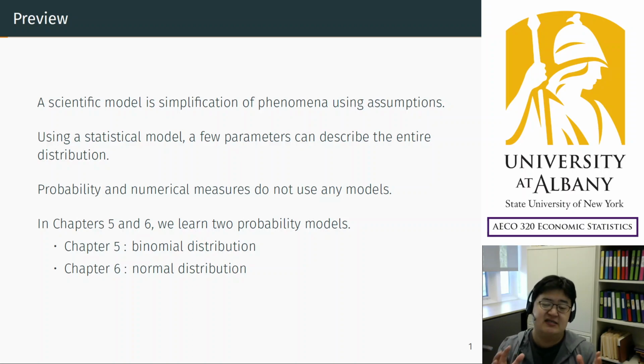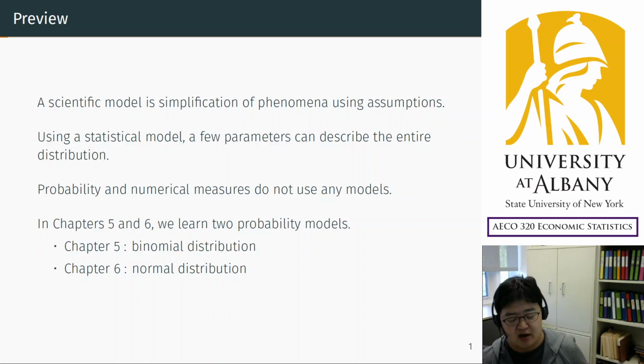That means, under certain assumptions, you may describe a seemingly complicated distribution with a small number of parameters. That's what we are going to do in this chapter and in the following chapter.